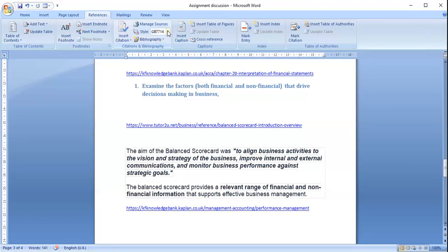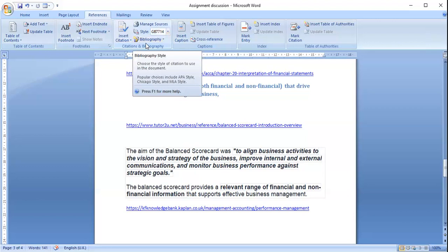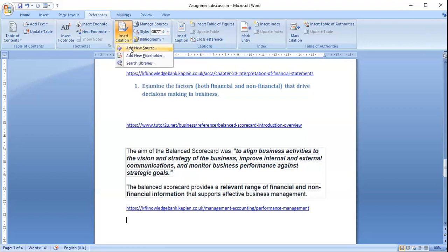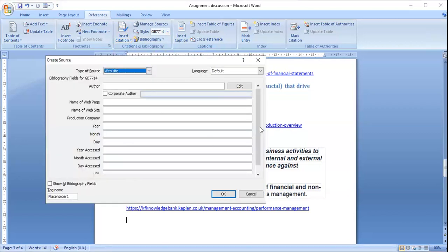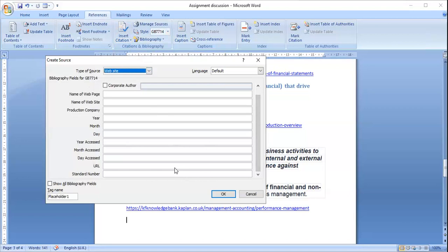Click the reference button, pick the style, which is Harvard, and then add the source. Use website.